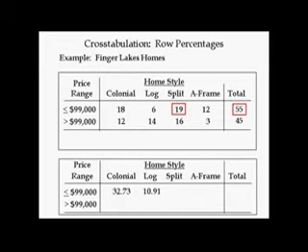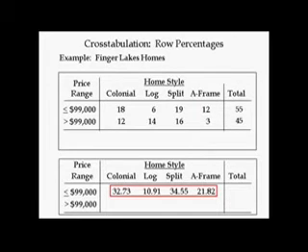The resulting value can be interpreted as the probability of a randomly chosen home being split given it is priced at $99,000 or less, which is equal to 0.3455 or 34.55%. The last row percentage in the top row is found by dividing 12 by 55. The resulting value can be interpreted as a probability of a randomly chosen home being A-frame given its price is $99,000 or less, which is equal to 0.2182 or 21.82%.